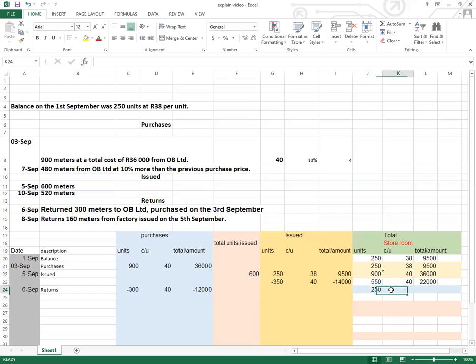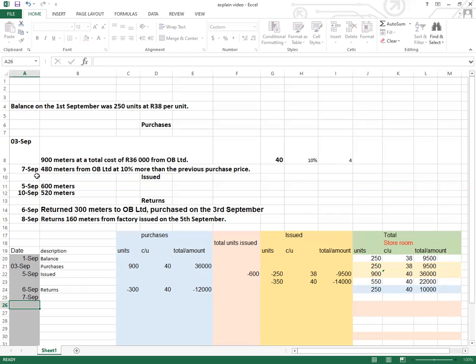Which means in our storeroom we're going to have 250 units. Okay, from 6th of September, we're going on 7 September.